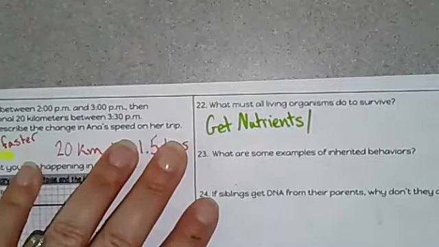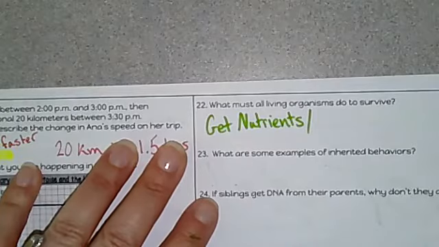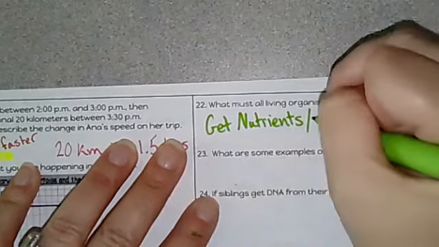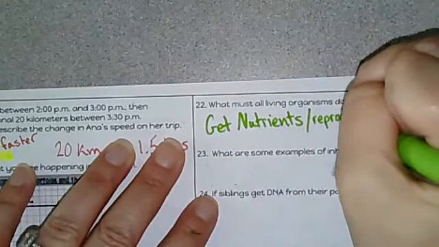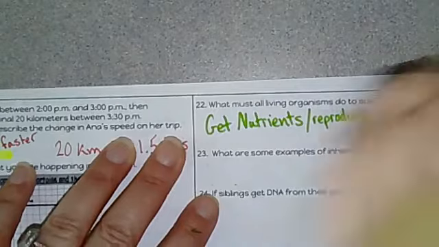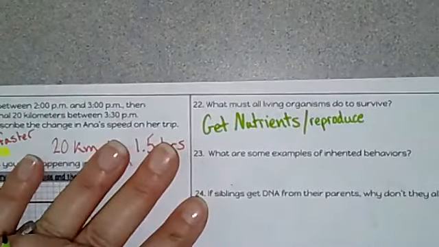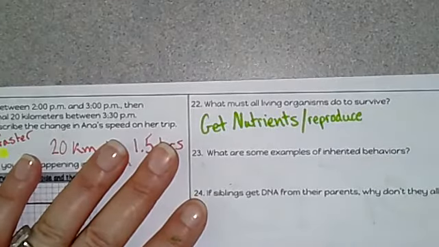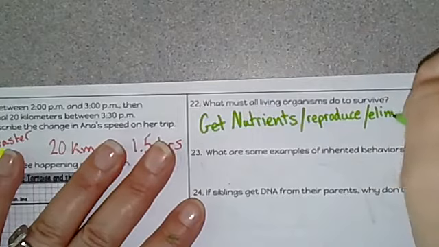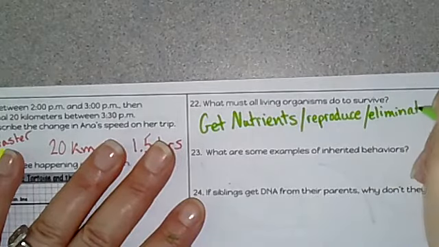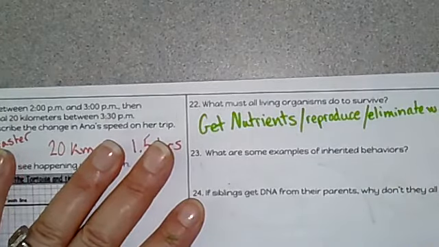All right, what's something else they have to do to survive? Tell me, Colt. Good. They have to reproduce. Humans do it by making babies. Single-celled organisms do it by duplicating themselves. What else? Good. They gotta eliminate waste. You do it by pooping and peeing and breathing out carbon dioxide.